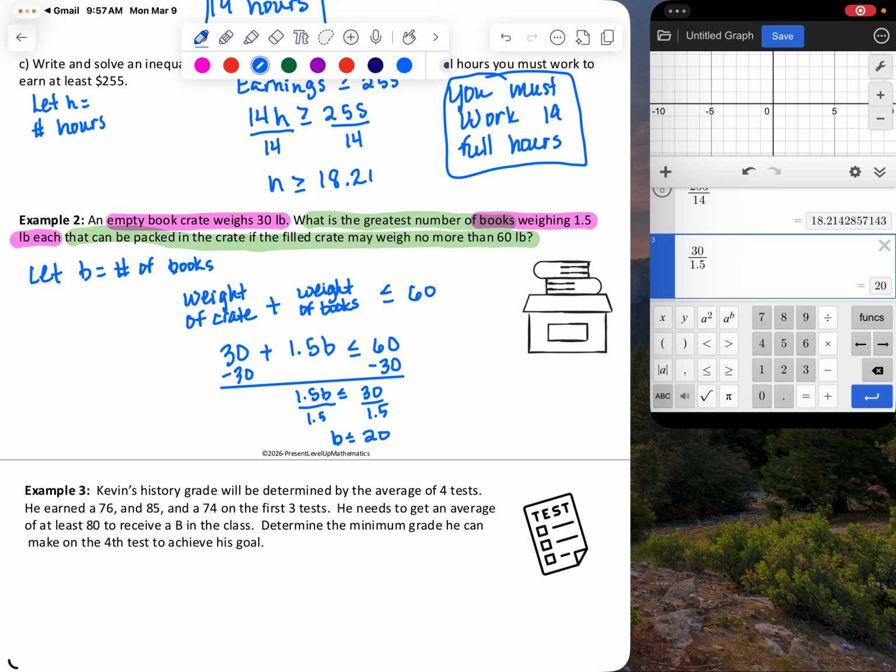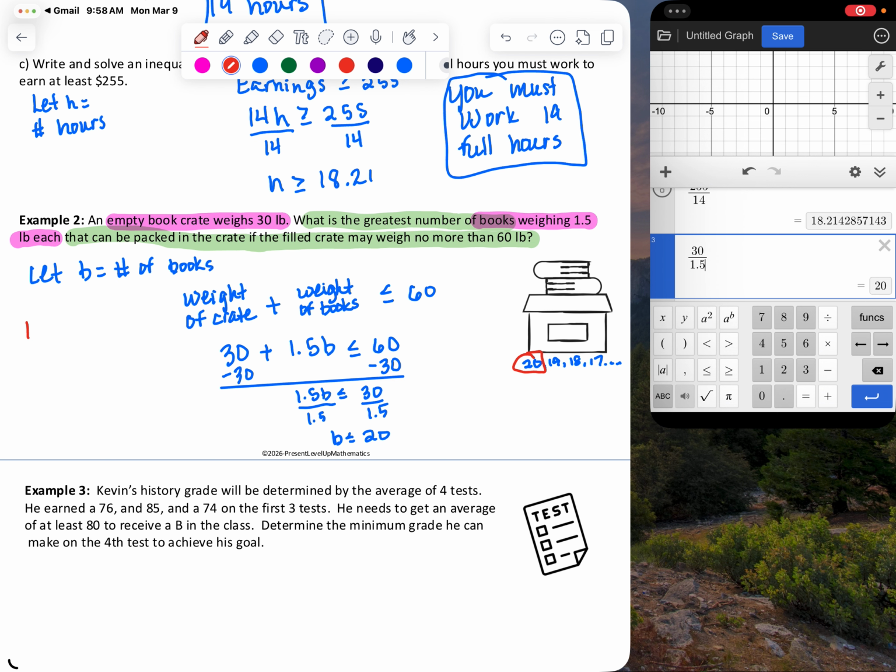So let's be sure we answer the correct question now. What is the greatest number of books? So I could place in here 20, 19 books, 18, 17, and I would be under 60 pounds. But they wanted to know the greatest number of books that we could put in.